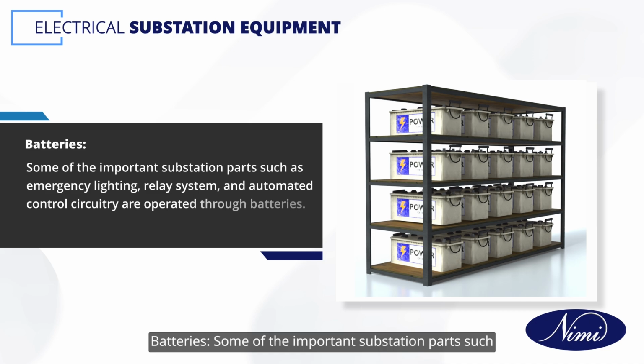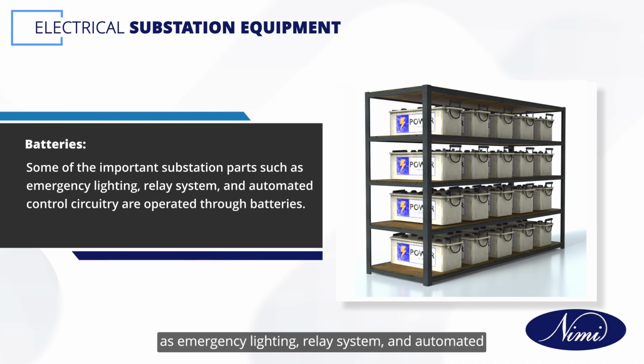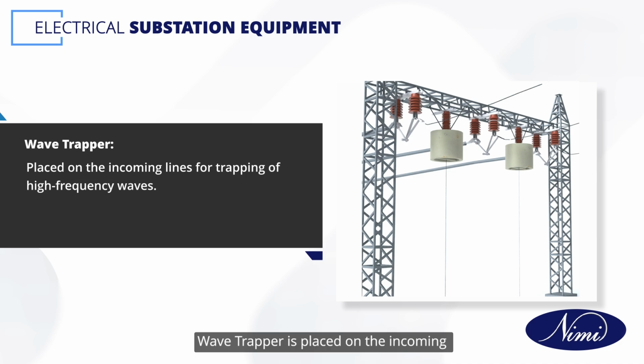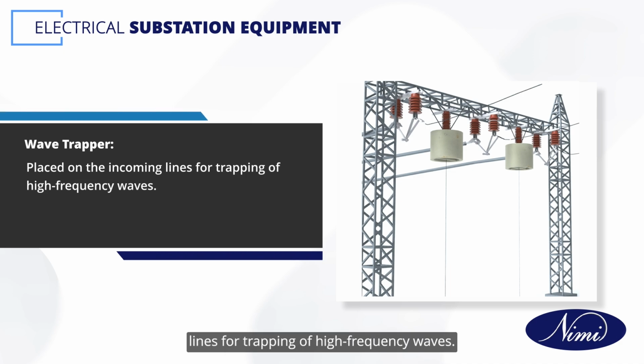Batteries. Some of the important substation parts such as emergency lighting, relay system, and automated control circuitry are operated through batteries. Wave trapper is placed on the incoming lines for trapping of high-frequency waves.